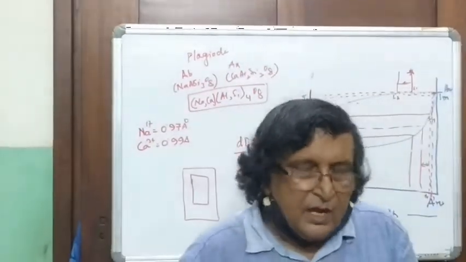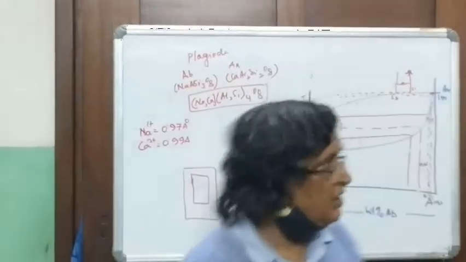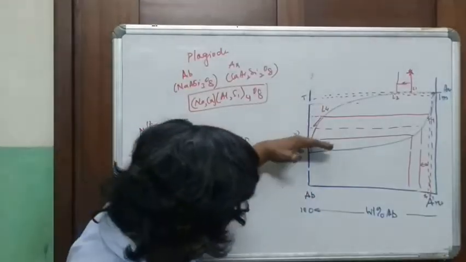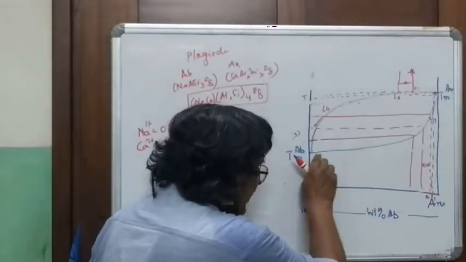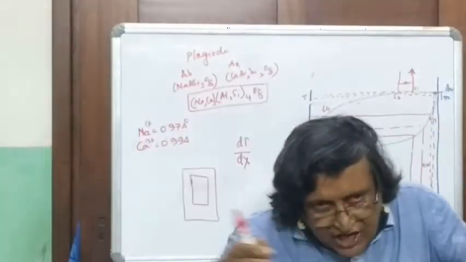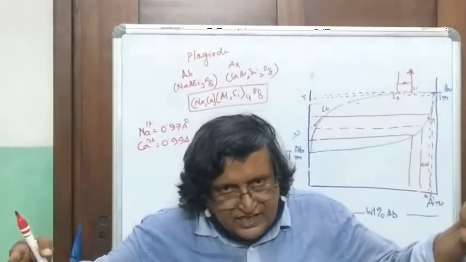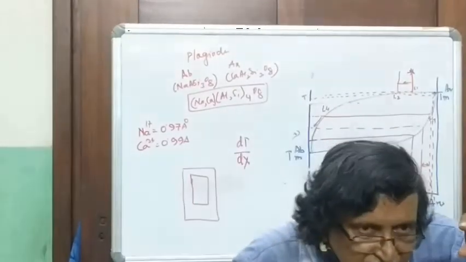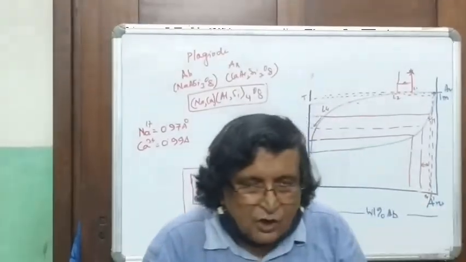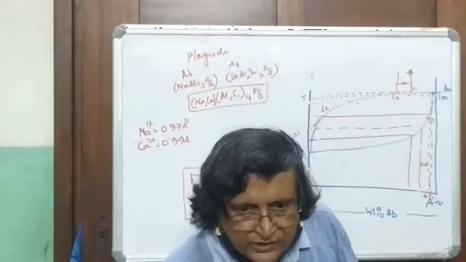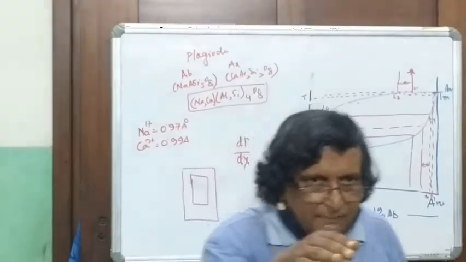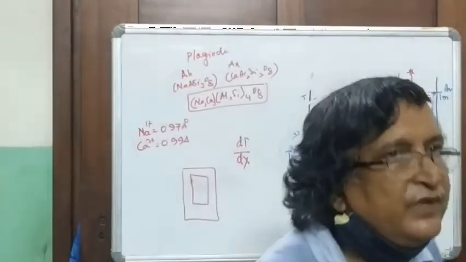That is why, because of the lower temperature and because of the peculiarity of this slope, or the flatness of the solid, which means a large change in composition of the solid is necessary for a small change in composition of the melt, the plagioclase does not react with the melt.